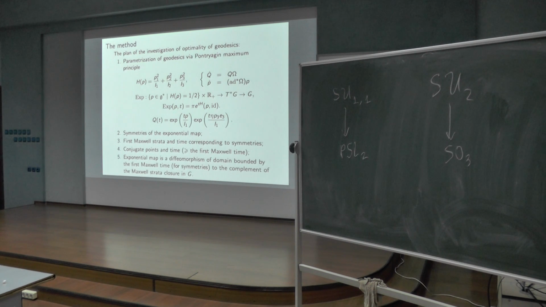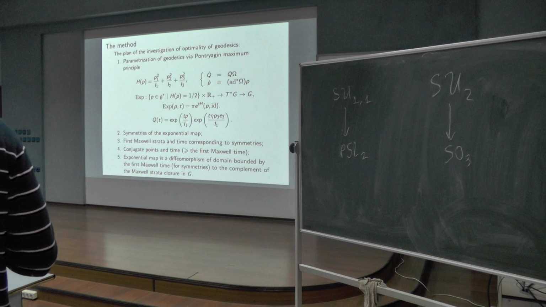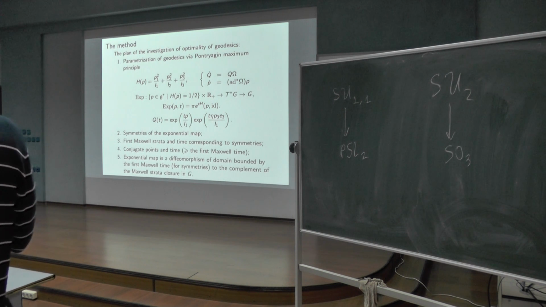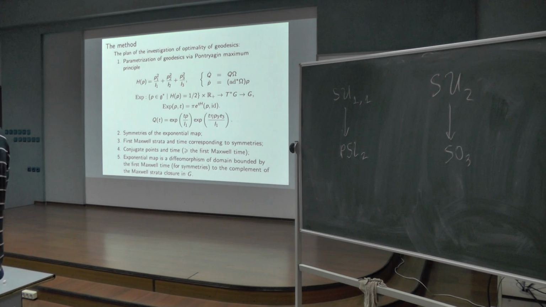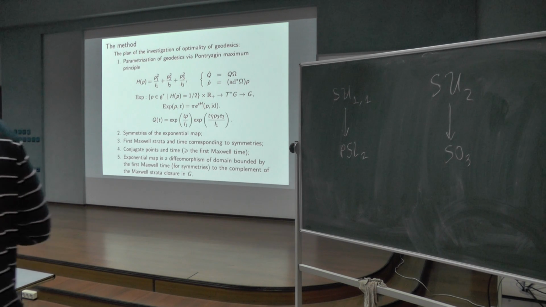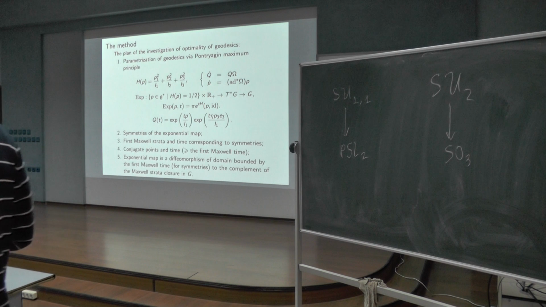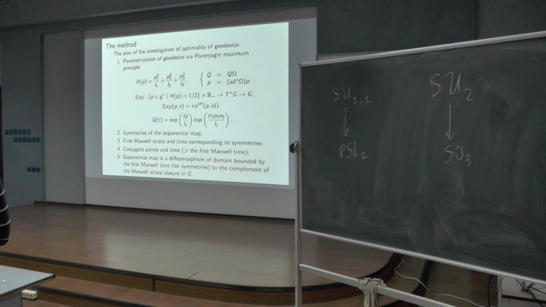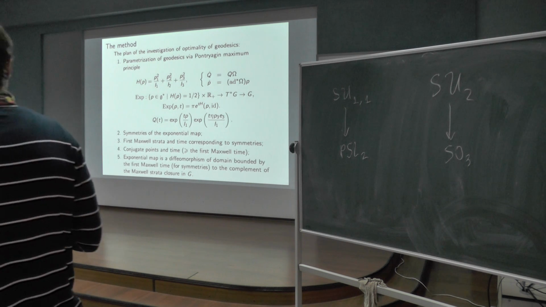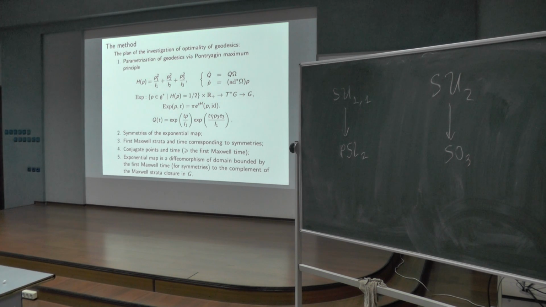First of all, we need to find the parameterization of geodesics via the Pontryagin maximum principle. Here you can see the Hamiltonian of the Pontryagin maximum principle and the Hamiltonian system. And the next line is the exponential map.